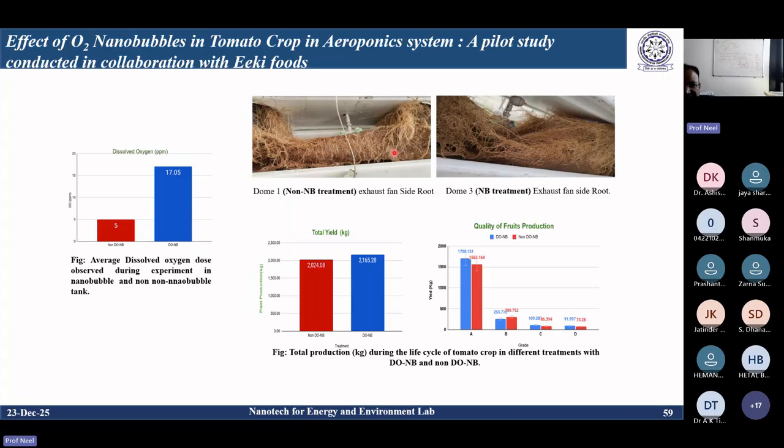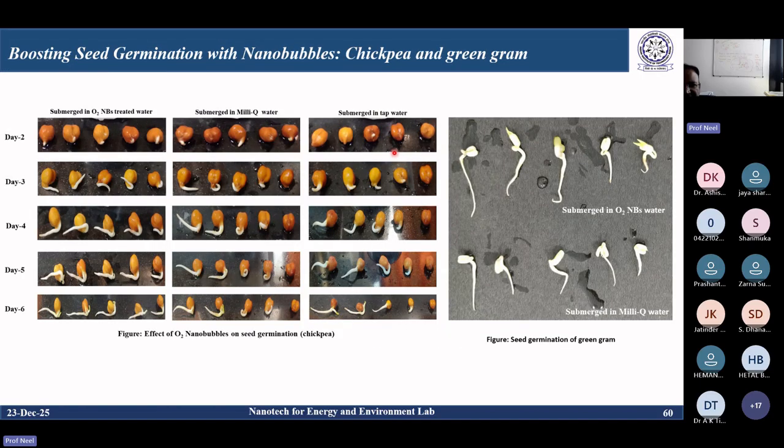I mean, the production of tomato has been seen to be increased by more than 20% by using nanobubble treatment, right? And you can clearly see that the root growth is much better using nanobubbles. Of course, the seed germination is much better. One can clearly see that by using nanobubbles, the seed germination is much faster compared to plain water.